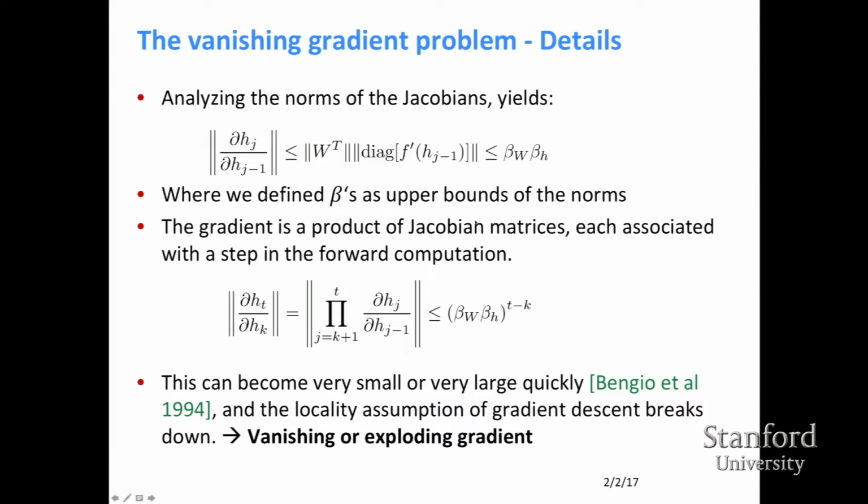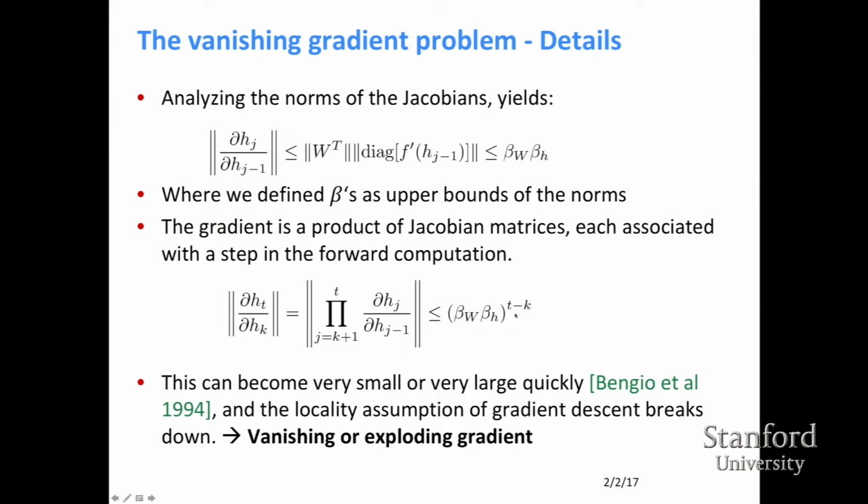When we put all these together, we see that an upper bound for these Jacobians, for each one of these elements, is this product. And if we define each of the elements in terms of their upper bounds beta, then we basically have this product beta taken to the t minus kth power.